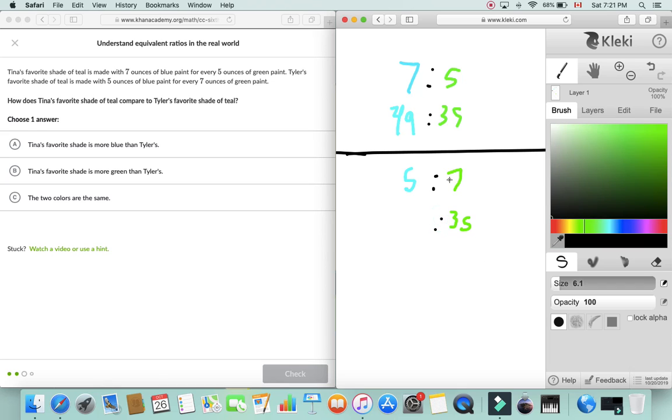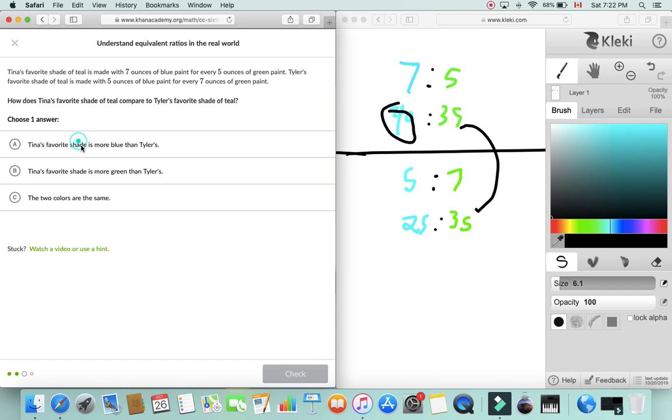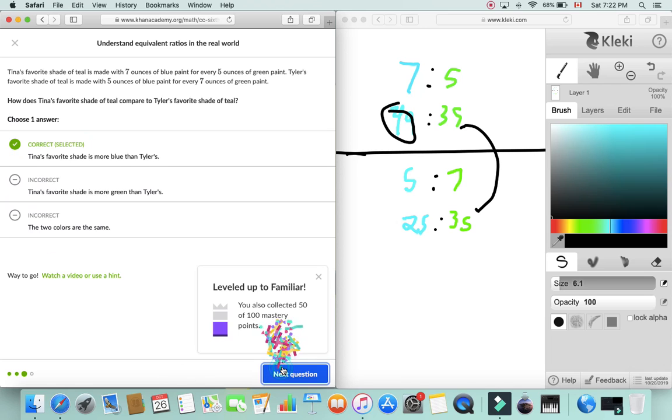We multiplied by 5 here, so we have to multiply it by 5 on the other hand. So that's 25. So these are the same. But this one has the upper hand. So Tina's favorite shade is more blue.